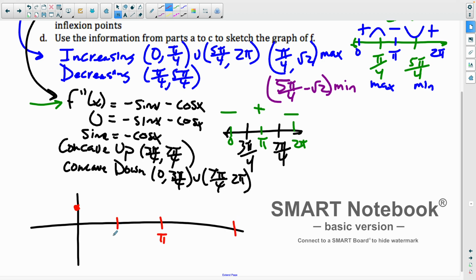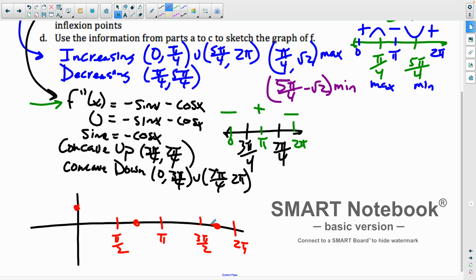So that's pi, this is pi over 2, this is 3 pi over 2, and that's 2 pi. That's my quadrantals. So 3 pi over 4 would be located right here, and 7 pi over 4 would be located right there. So those are my x-intercepts.